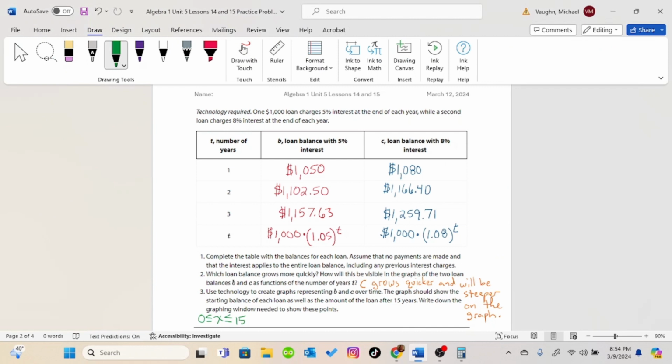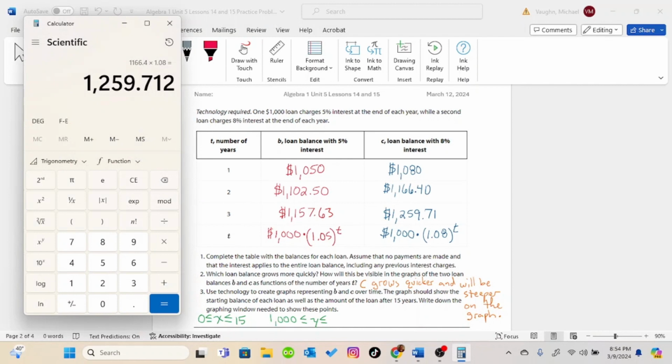So the Y value window would need to be 1,000 less than or equal to Y. And then we need to see how large the value needs to be. Since C is growing quicker, it is going to be the one that hits the highest total after 15 years. So I'm going to see what the total is. 1,000 times 1.08 to the power of 15.